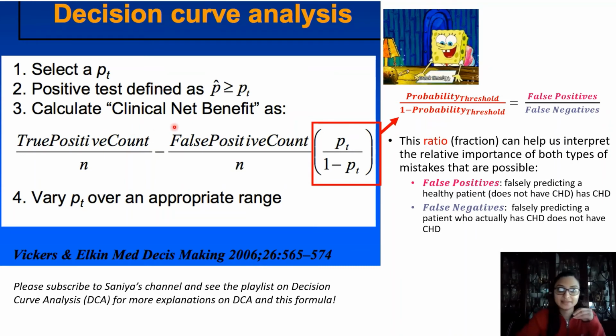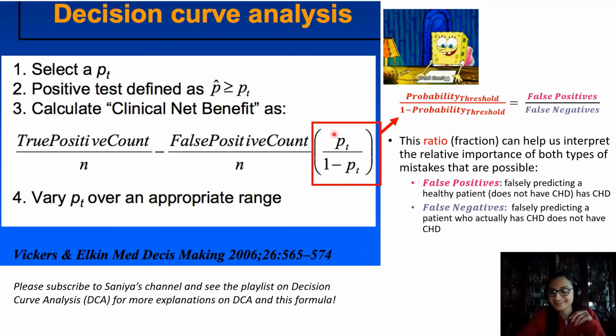And when you're calculating clinical net benefit from a predictive model on the treated, in this case, you take the true positive count over the number of total samples in your data set, minus the false positives over the total, multiplied by the probability threshold over 1 minus the probability threshold, for a given probability threshold, and you keep varying it between 0 and 1.